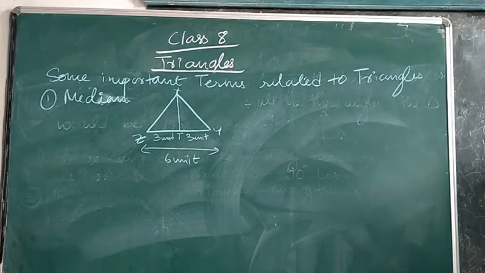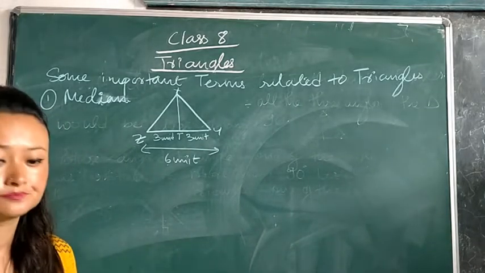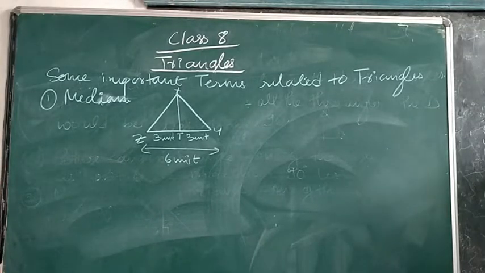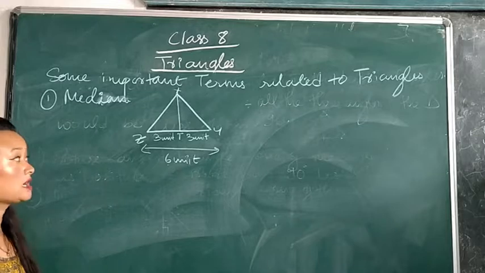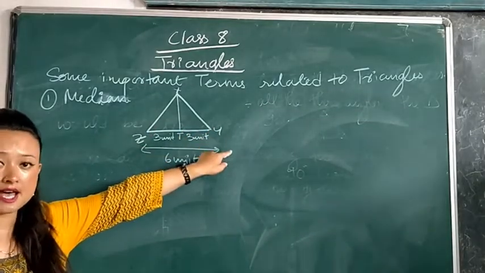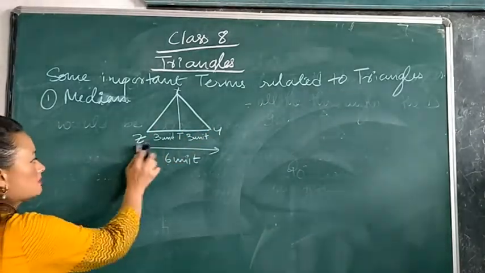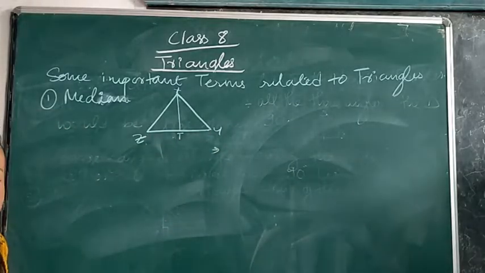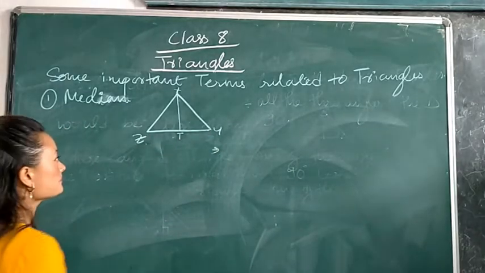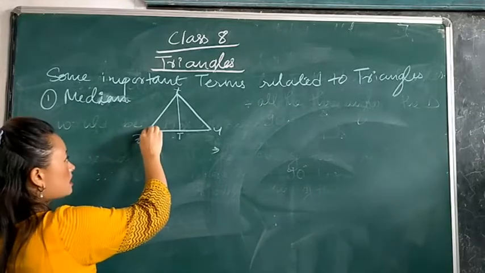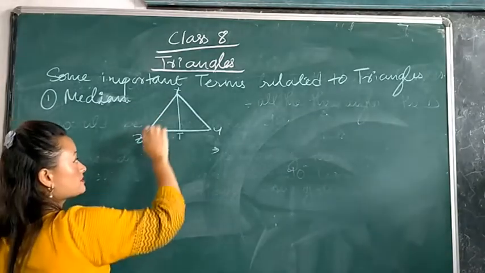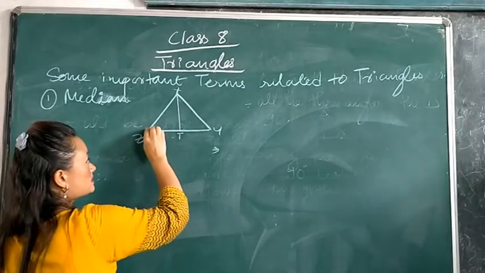Okay, so what is a median? Median is a line drawn from a vertex to the opposite side of a triangle such that it divides the side into two equal halves. Similarly, if we draw a line segment from Z, the vertex here, the opposite side of Z would be XY.